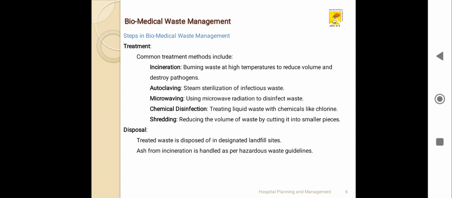Chemical disinfection treats liquid waste with chemicals like chlorine. Shredding reduces the volume of waste by cutting it into smaller pieces. So the common treatment methods are incineration, autoclaving, microwaving, chemical disinfection, and shredding.